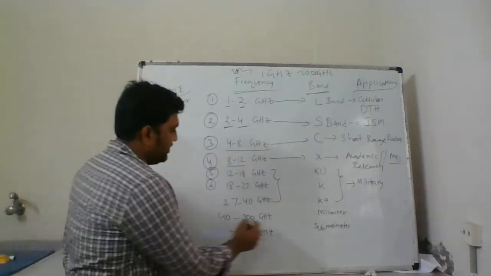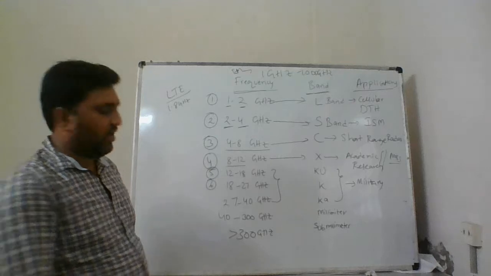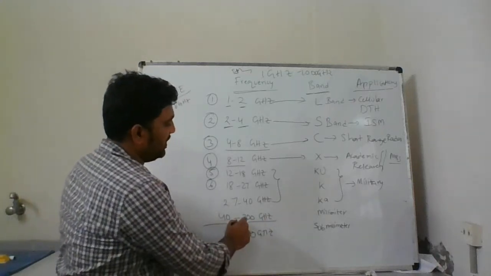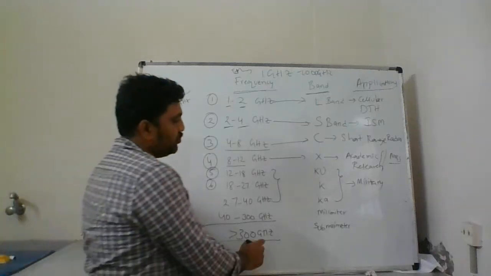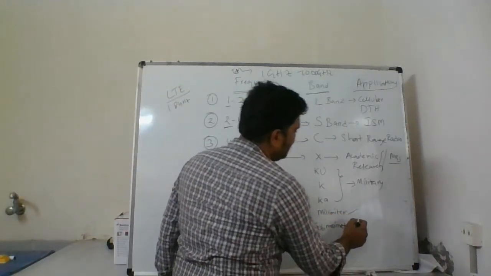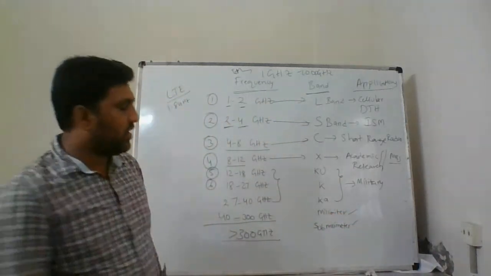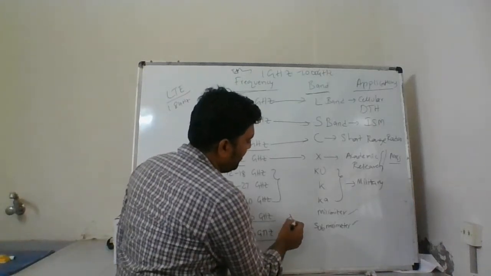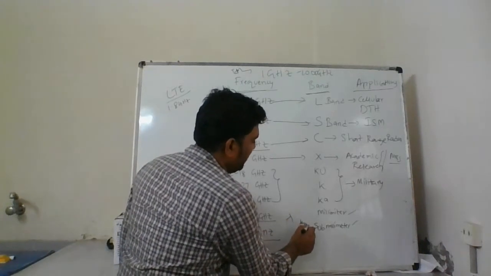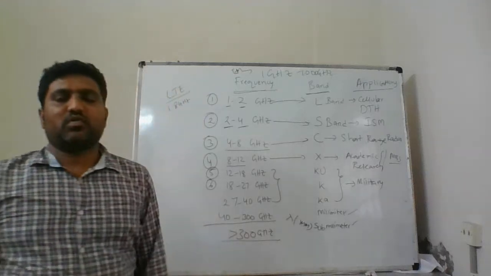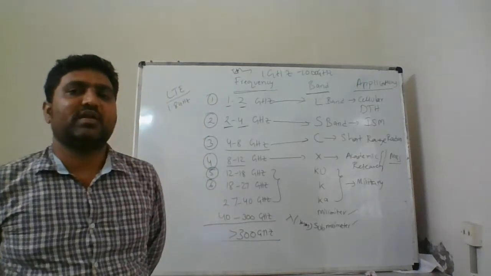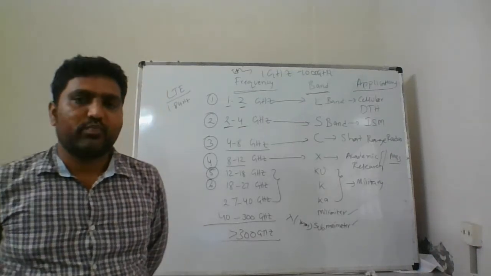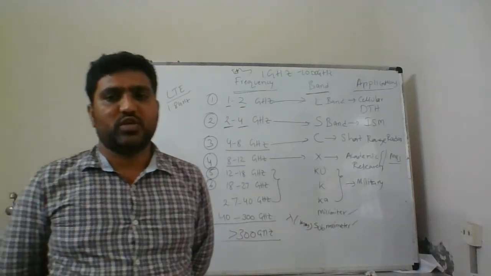Then the next two bands are 40 to 300 gigahertz and above 300 gigahertz. These two bands are the millimeter bands and sub-millimeter bands. Here the wavelength of the signal, lambda, will be in the millimeter range. These are also very high frequency signals, and their energy is also very high, so we don't generally use them in commercial applications.